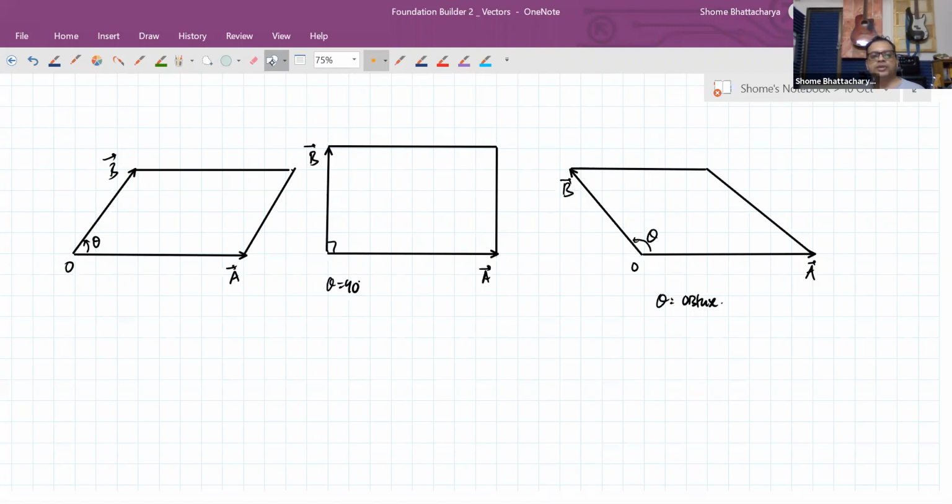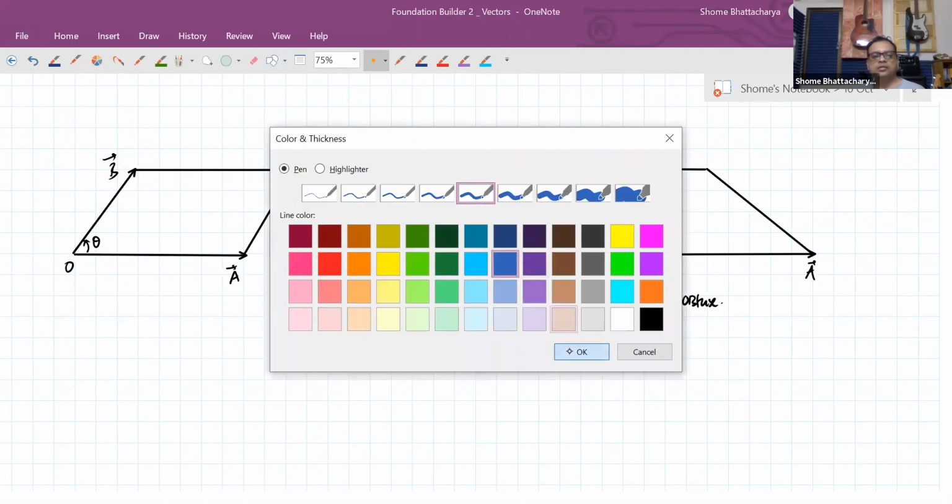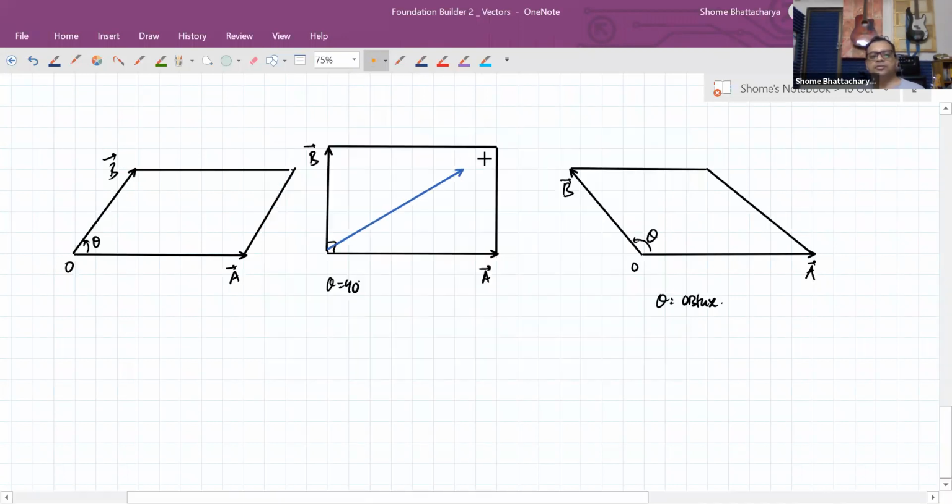So if you are to compare in the diagram a plus b for this case, where you can clearly see that it's root of a square plus b square, but compare that with this now. Now you can see clearly this one has become shorter than this, and compare with this one now, the acute angle case, you can see it's become longer.